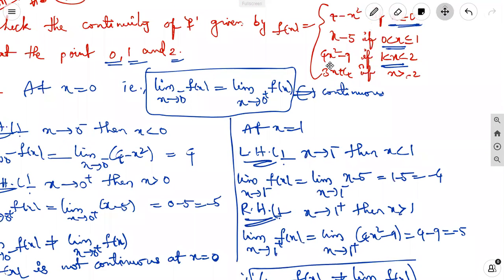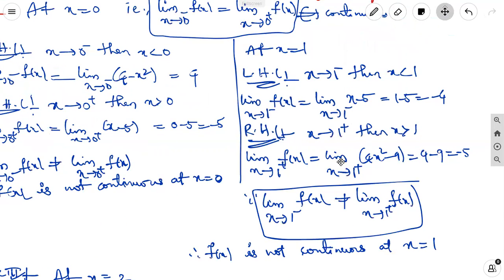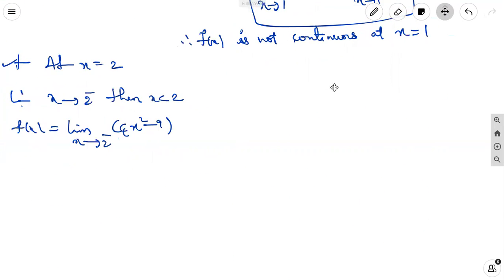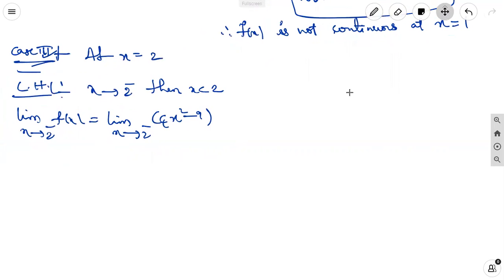X less than 2 is 4x square minus 9, x greater than 2 is 3x plus 4. It is equal to 4 into 2 square minus 9. It is 2 twos are 4, 4 fours are 16, minus 9 is equal to 7.